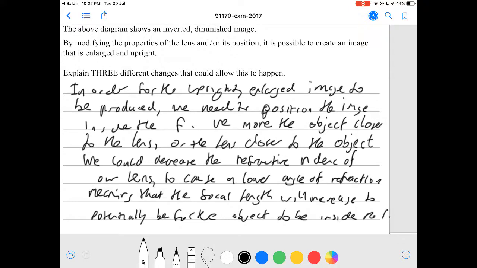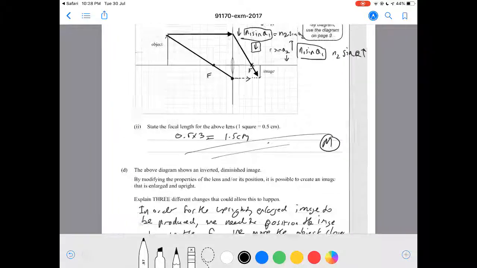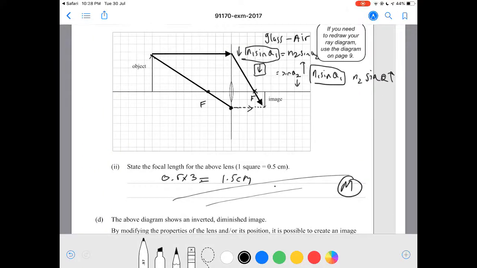One more way we could change the focal length is to change the center of curvature. If we decrease the curvature, then the focal length will also decrease. But if we increase the center of curvature, then the focal point will increase. So we're looking for a way to increase the center of curvature. One way we can do that is by making it less curved.